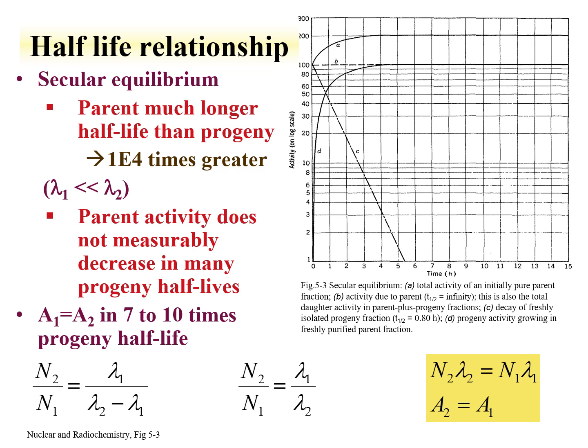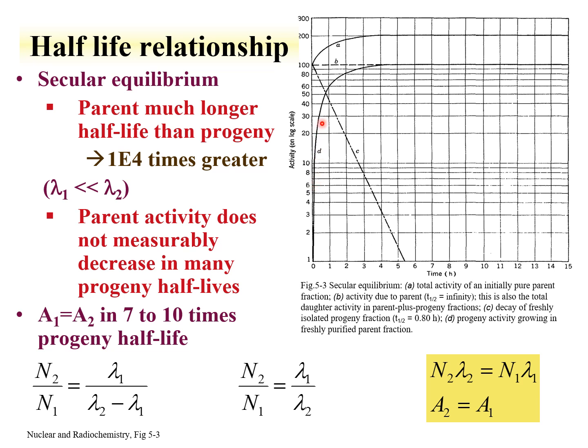Now, imagine we have a condition where the parent is much, much longer lived than the progeny. Generally, what this means is that over an observed time frame, the parent activity doesn't change. So imagine you're measuring something that has a half-life of 1,000 years, or 10,000 years, and you're measuring it for 100 hours. The amount of change that occurs in that parent will not be observable, but the progeny may grow in during the measurement time.